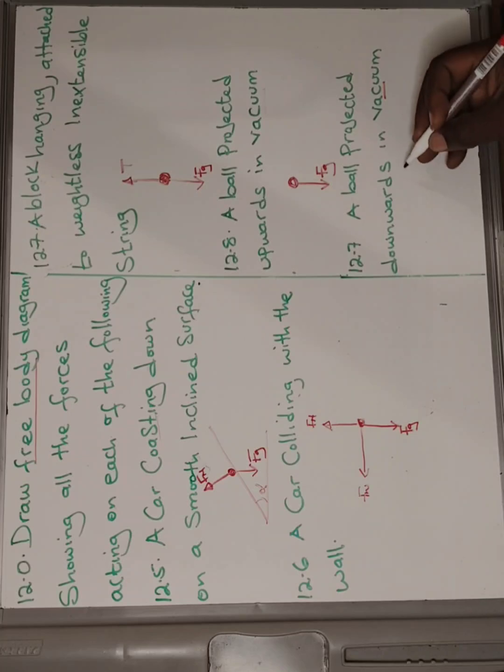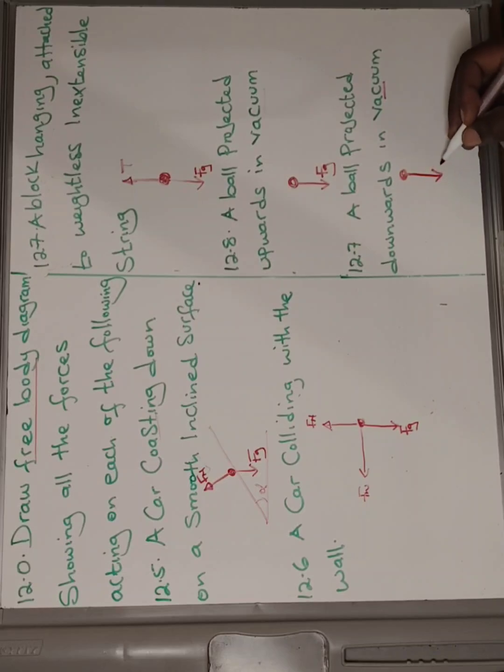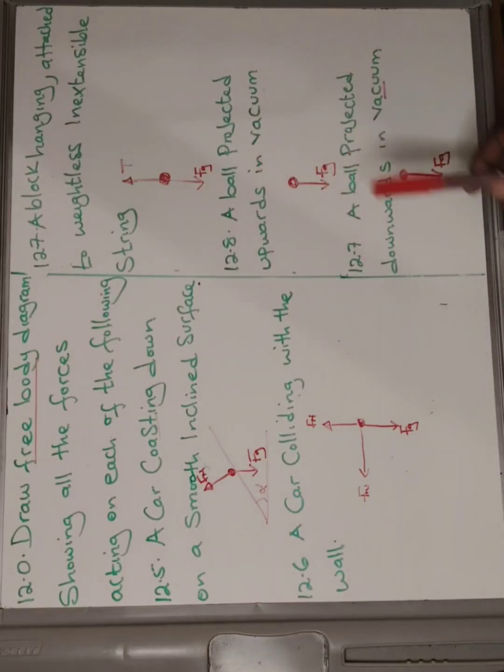So what do we have? The same as before. We're having our ball and the only force acting is gravitational force. So what is the conclusion which can be drawn between these two? That if you ignore air friction force, whether the ball is projected upwards or downwards, there is only one force acting on it, and that is gravitational force.